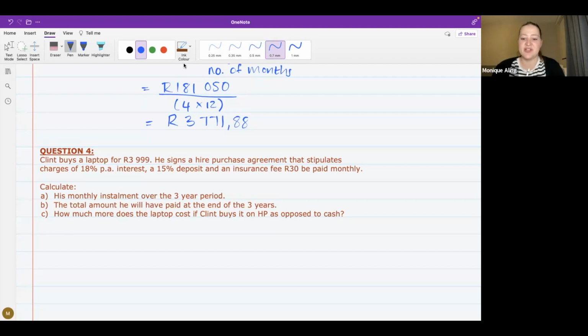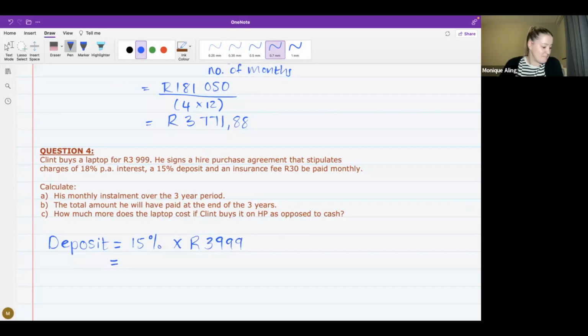He signs a hire purchase agreement that stipulates charges of 18% per annum interest, a 15% deposit, and an insurance fee of 30 Rand to be paid monthly. So all I ask for now is just to work out the deposit. We will complete this on Wednesday. Deposit, we take the percentage times by the price of the laptop. And you all did get that.